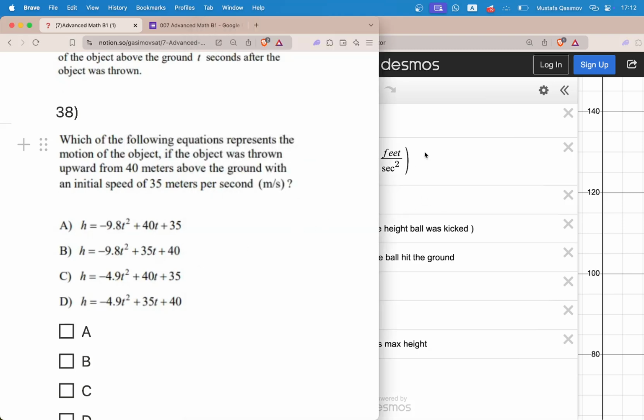Which of the following equations represents the motion of the object if the object was thrown upward from 40 meters above the ground with an initial speed of 35? Murat, what's your opinion? I answered D. 35 is the initial speed and 40 is okay. What's your opinion, Narman?